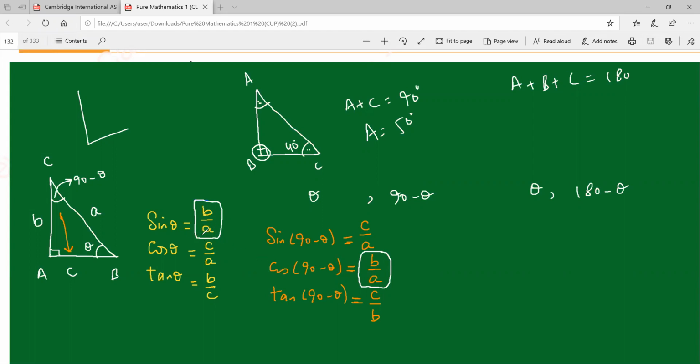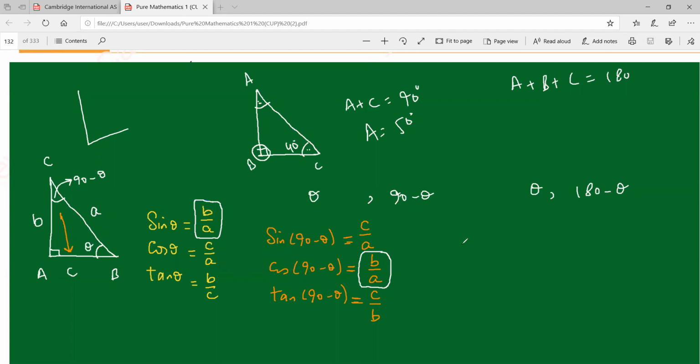The O-level math people have also done this. If the teachers had not told it to them, then it is very unfortunate for them.